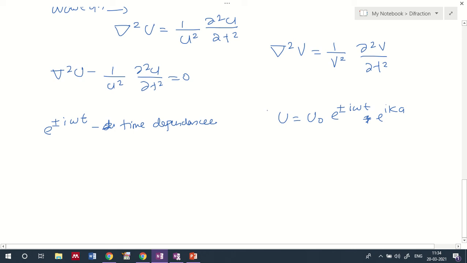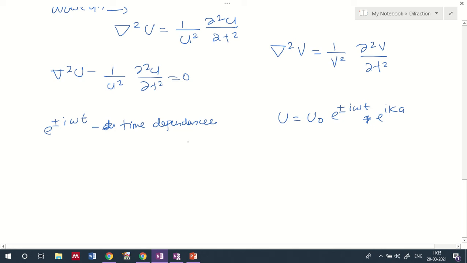So the time dependence of u and v can be represented in terms of e raised to plus or minus i omega t.